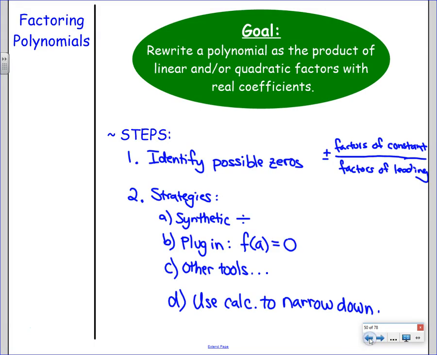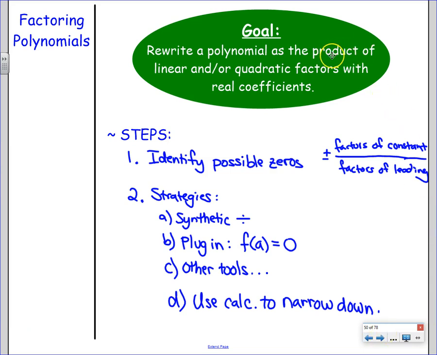But before we do that example, let's just do a quick recap of all of section 2.5. If they give you a polynomial, you don't necessarily need to write down the goal. This is just how we accomplish the goal, but if you want to write it down, you can. The goal of 2.5, what we set out to do, and hopefully what we kind of accomplished, is to take a polynomial and to factor it out.